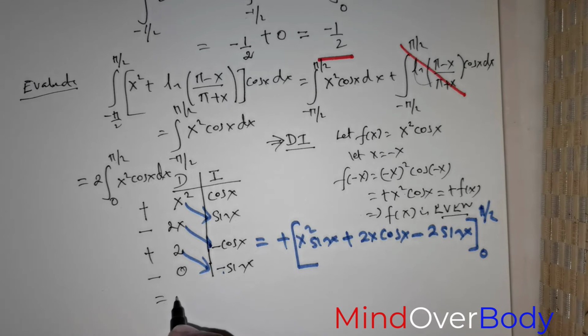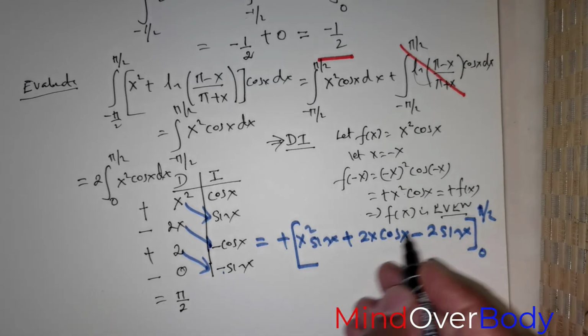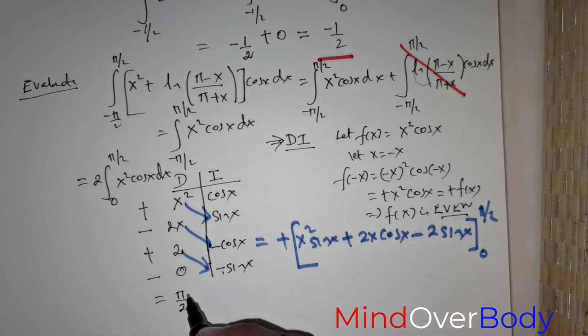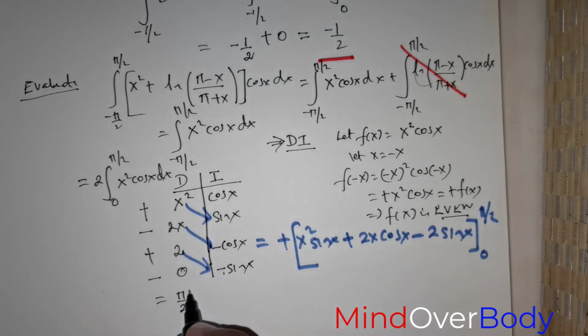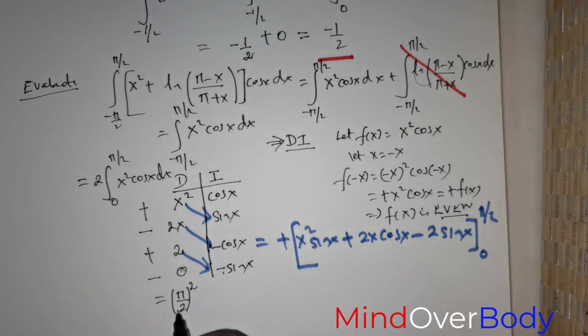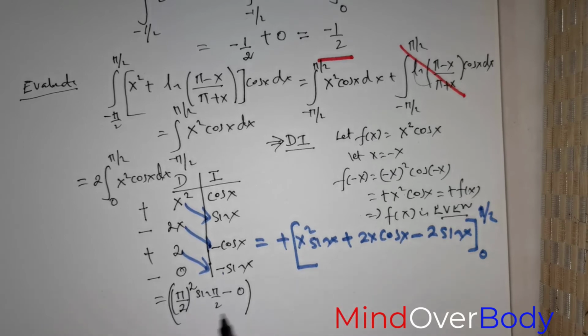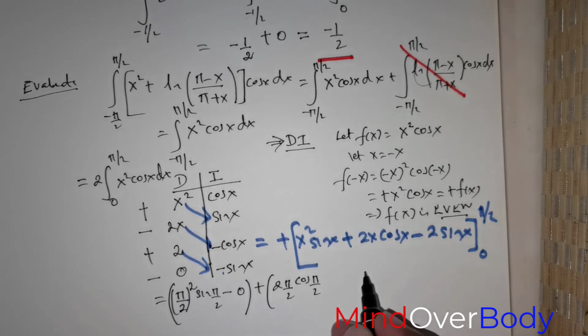Applying the limits, I get the upper limit pi over 2, and since there is a 2 here, this is going to be pi over 2 raised to the power of 2 times sin pi over 2, negative the lower limit 0, followed by negative 2 times pi over 2 times cos of pi over 2, that's going to be 0, so that's gone.